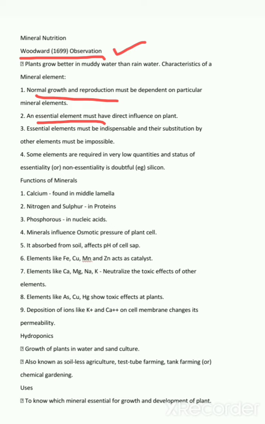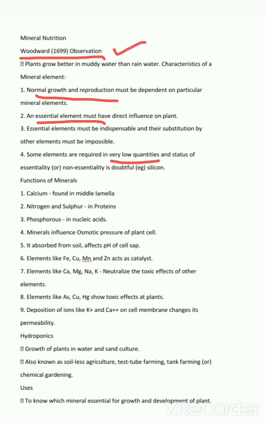An essential element cannot be substituted by another element. For example, if iron is required, only iron can do the role. Calcium cannot do the role instead of iron. Low quantities of the elements lead to deficiency, and that results in various diseases.